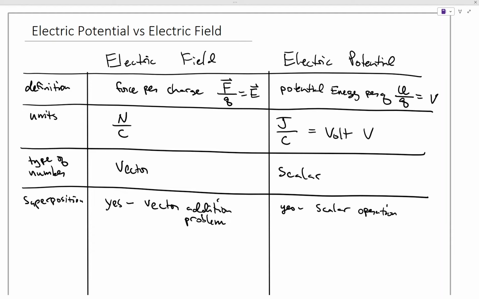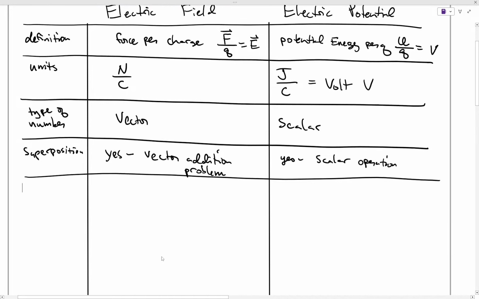In other words, when you're adding vectors to do electric field addition, you have to pay attention to the directions, make sure the directions are taken care of. Whereas with the scalar, with the potential, you just need to know how far away they are. You don't actually care about the direction because it's not a vector quantity.